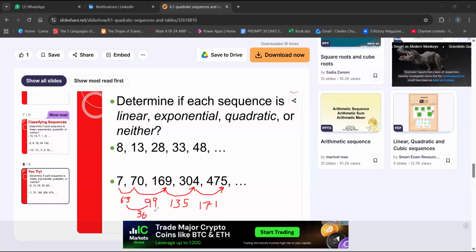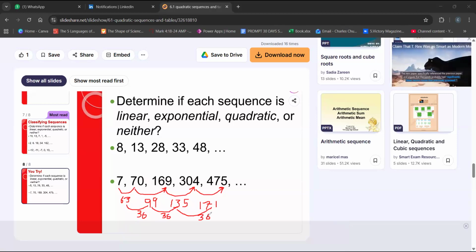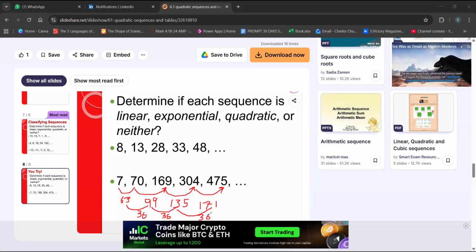So if we check, is 36 also what's happening between these two? Yes, 36. Because 99 plus 36 is 135. Okay, that's good. And then finally this one, 36. Nice work. Excellent.